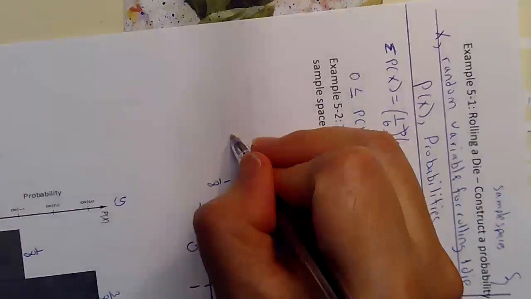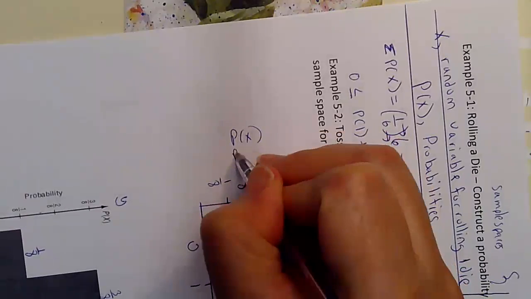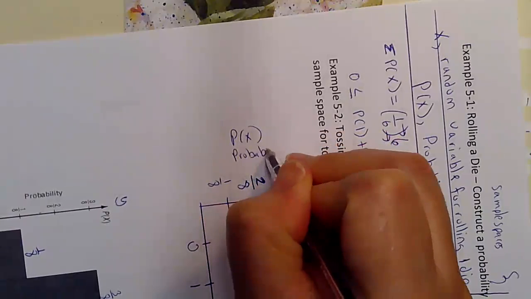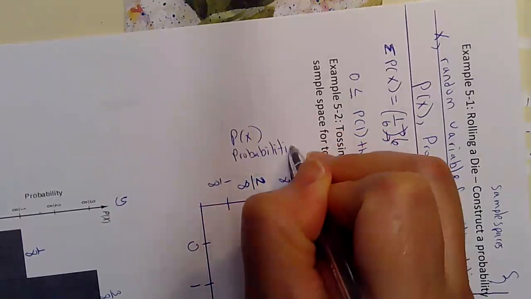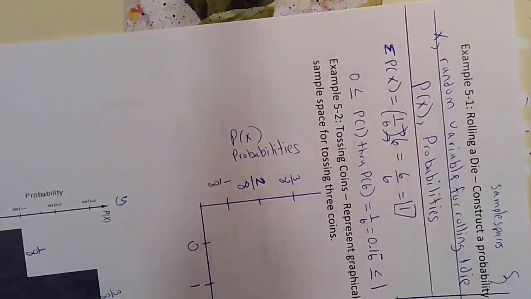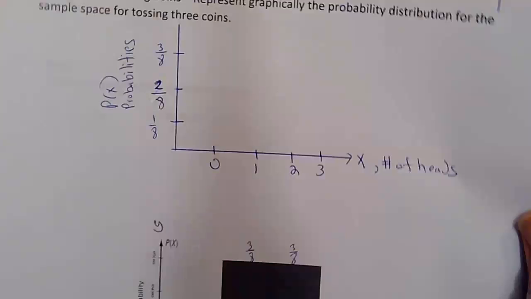And then on the side, I'm going to put P of X for probabilities.